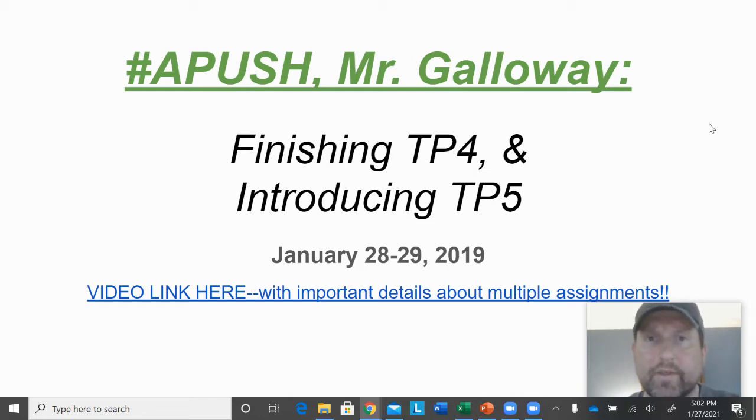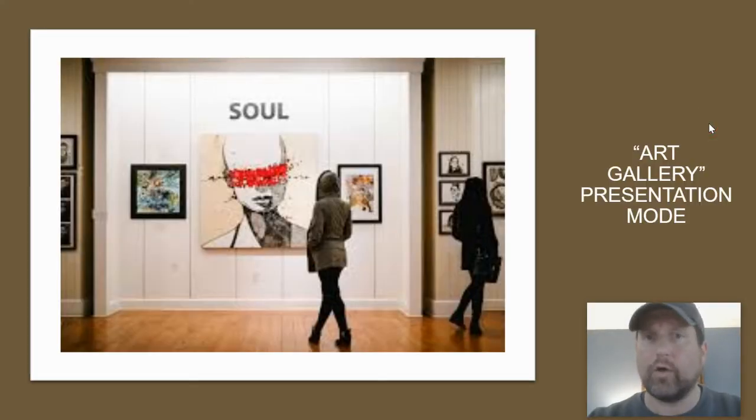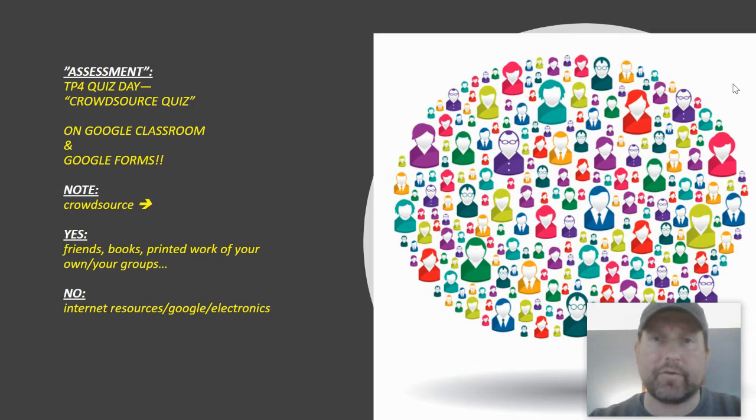So you're watching this again after we have already completed the art gallery, as it were, for the mixtape project. I'm really hoping that went well and that you guys enjoyed that project. You are also watching this video after you have completed, I think, the time period 4 crowdsource quiz, as it were. No cheating, no Googling.